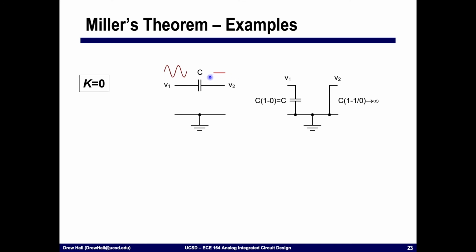In this particular case, I wiggle the output, and the input, since the gain is 0, doesn't change. I keep wiggling the output, and the input is not changing. If I calculate what effective impedance that looks like, it looks like an infinite impedance. It effectively looks like an open circuit. I'm wiggling the capacitance, and there's no current going back into this device.